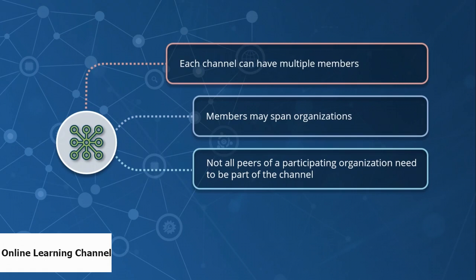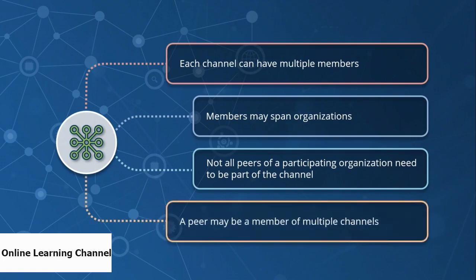You could have some peers who are part of one channel, other peers who are part of another channel, and so on. This is especially helpful when you have large organizations which may span multiple locations and have several departments, so that only some of those which really need to be part of a channel actually belong to it. And finally, a single peer may also be part of multiple channels.